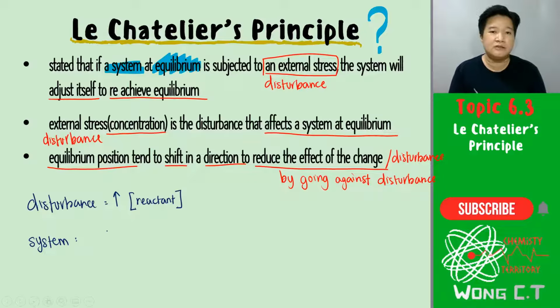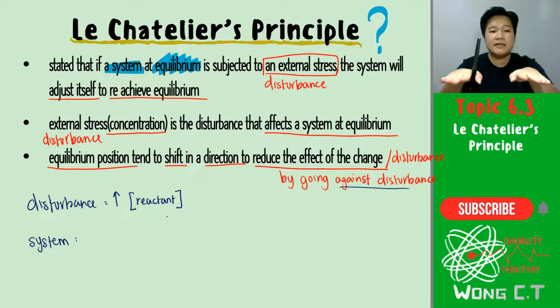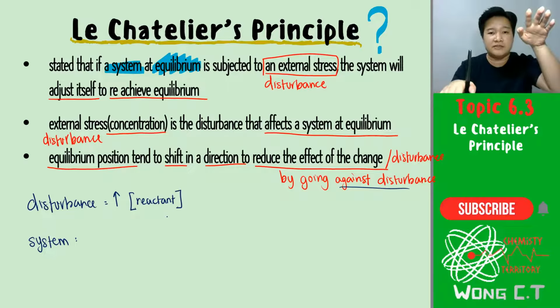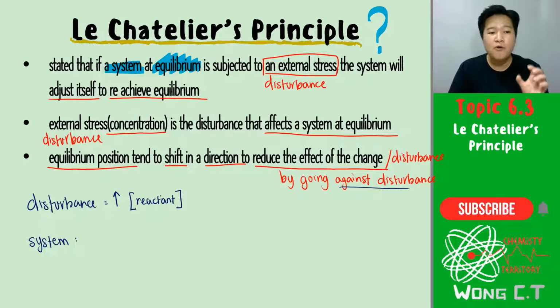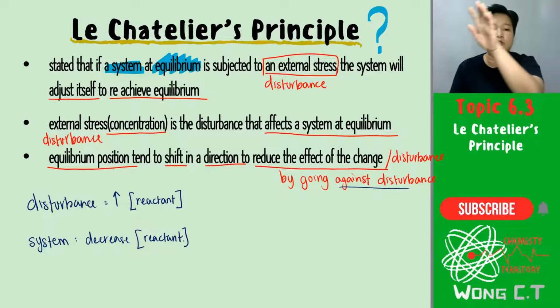According to Le Chatelier's principle, the system will go against the disturbance to minimize its effect. Everything is at equilibrium, and suddenly the reactant increases. So the system will try to decrease the concentration of the reactant. It's as simple as that: if your disturbance is an increase, your system will try to decrease it.